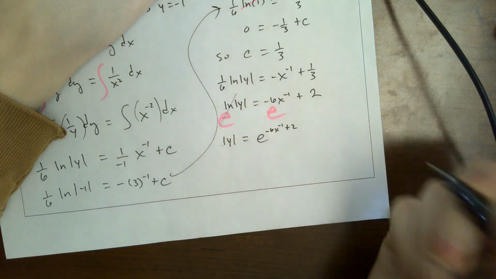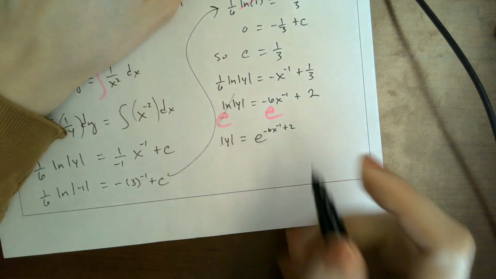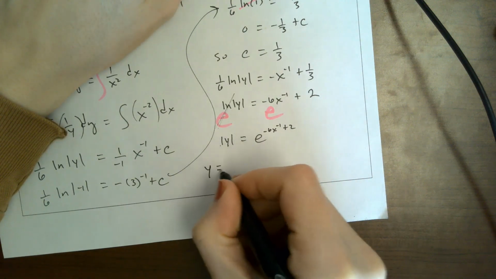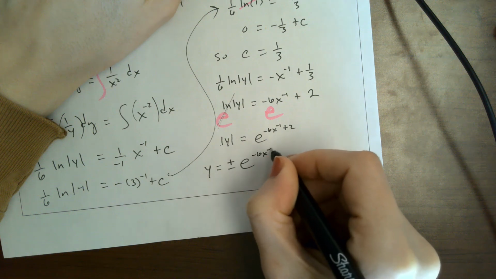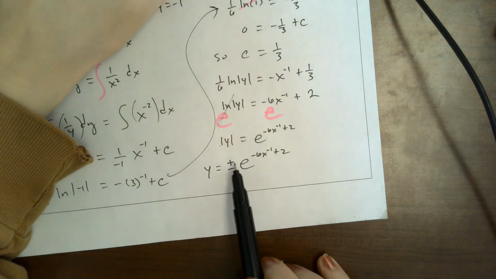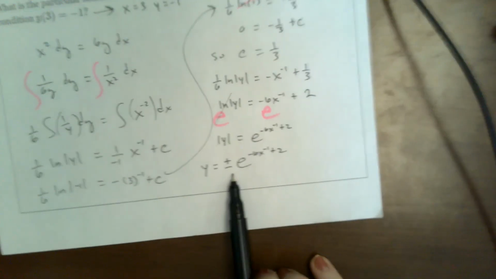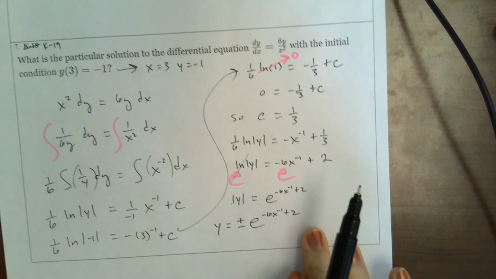is this. And then I need to drop the absolute values. And when you do that, you have to consider the positive case and the negative case. And then you have to figure out whether you're going to keep the positive case or the negative case. And that's when you look at the initial condition again.